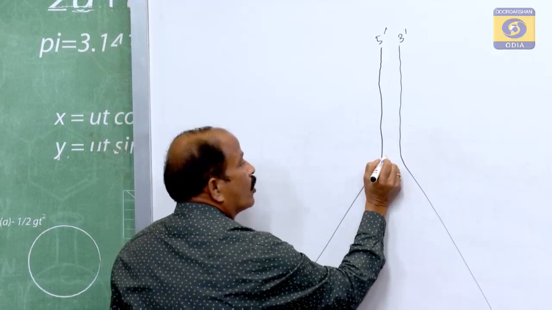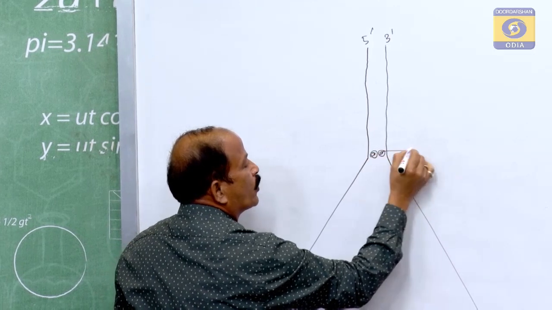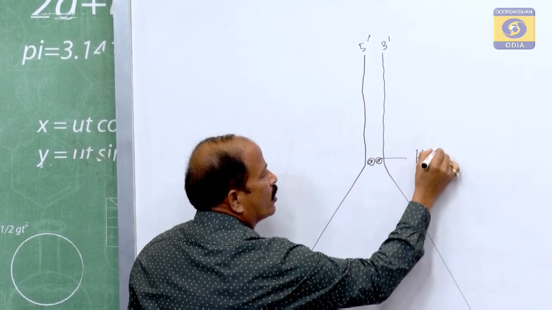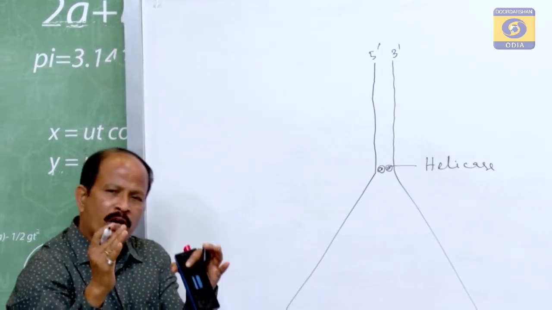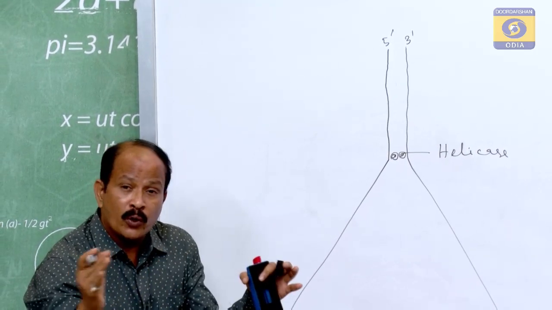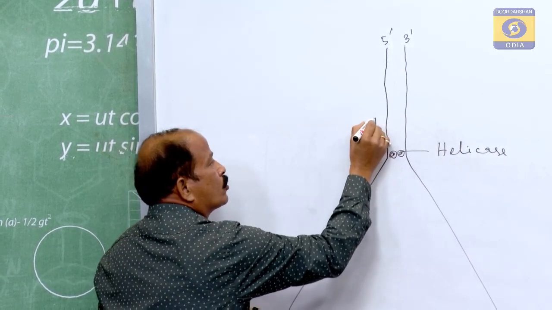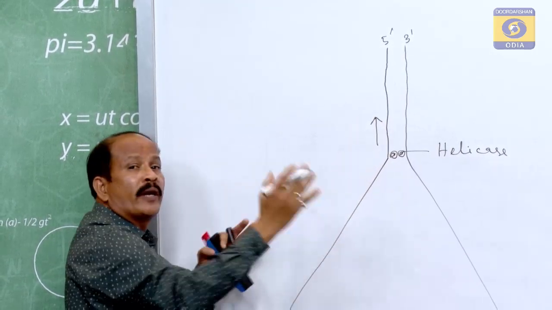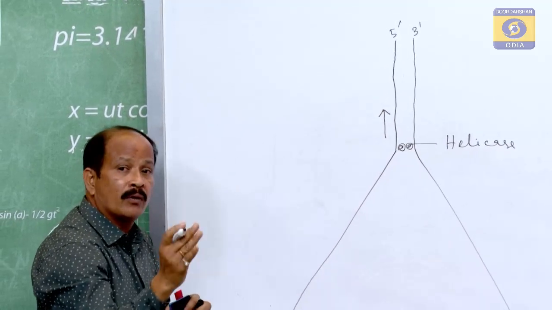We will see. Helicase is a helix unwinding protein. This is helicase. Helicase breaks the bonds with the help of ATP, and the fork moves in this direction. So, this is the direction of the fork movement, and now these are the two template strands available.